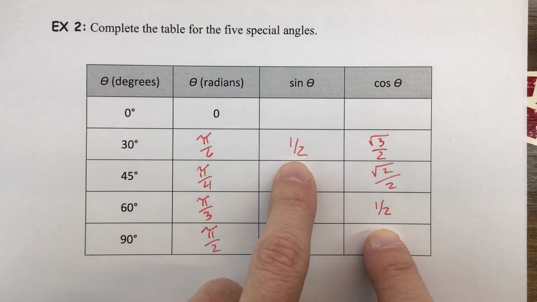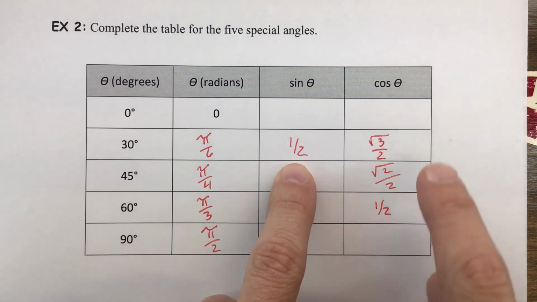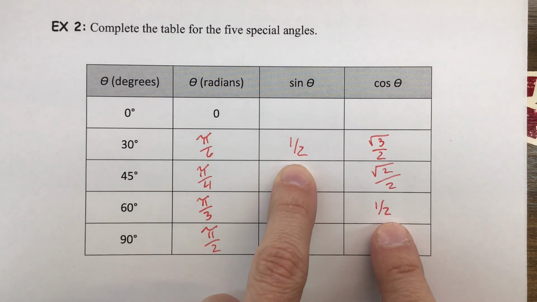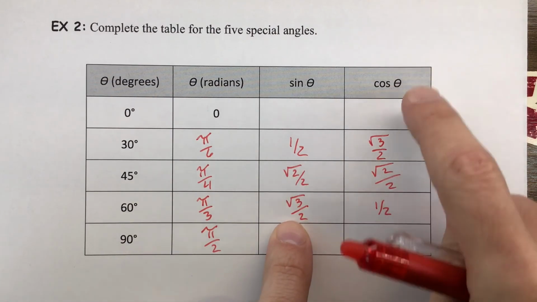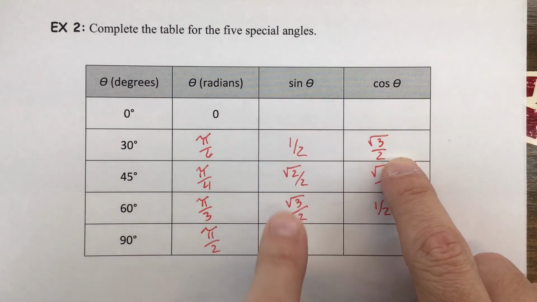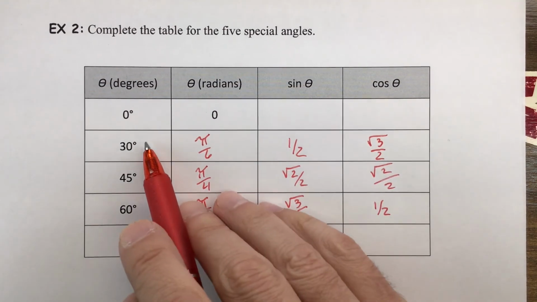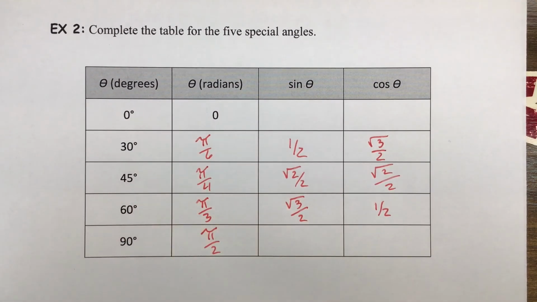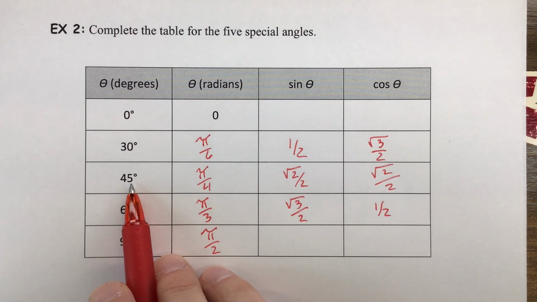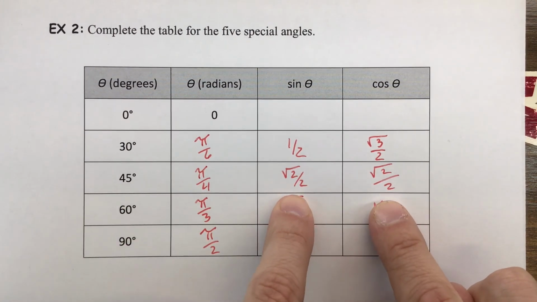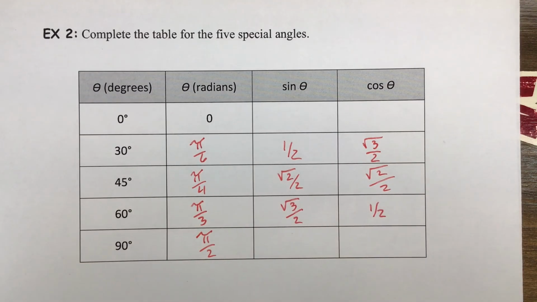So the sine of 30 is going to be the same thing as the cosine of 60. Likewise, the cosine of 30 will be the same thing as the sine of 60. And in fact, 45 degrees is the complement of itself, so that would explain why these two are the same.